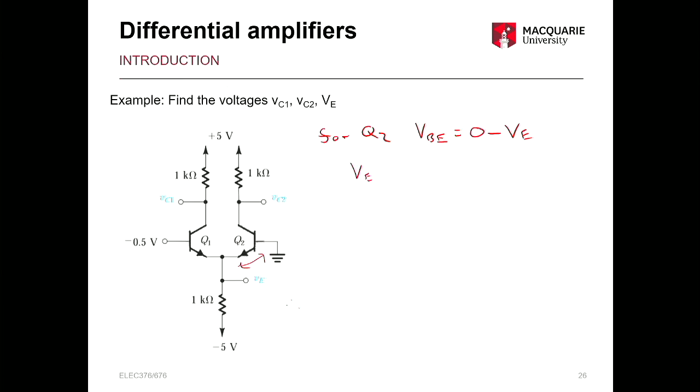We know that VE is going to equal minus 5 plus I times the 1K. So that's the minus 5 down the bottom here, plus the drop across this 1K resistor. So we can say VBE is equal to 5 minus.